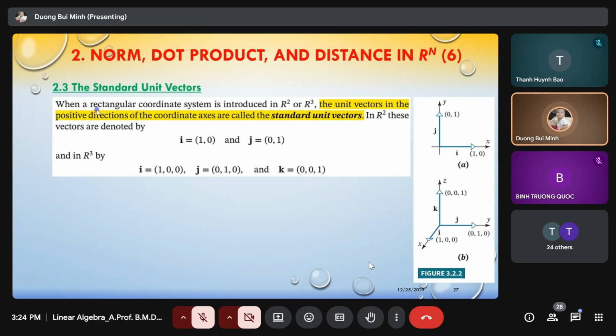Now we talk about the standard unit vectors.